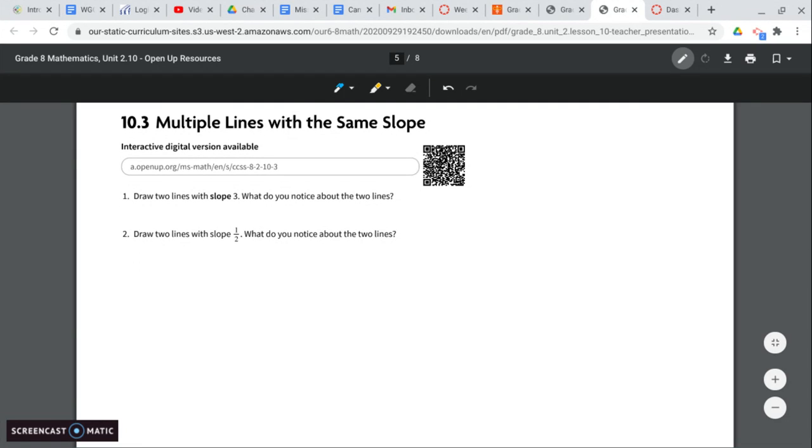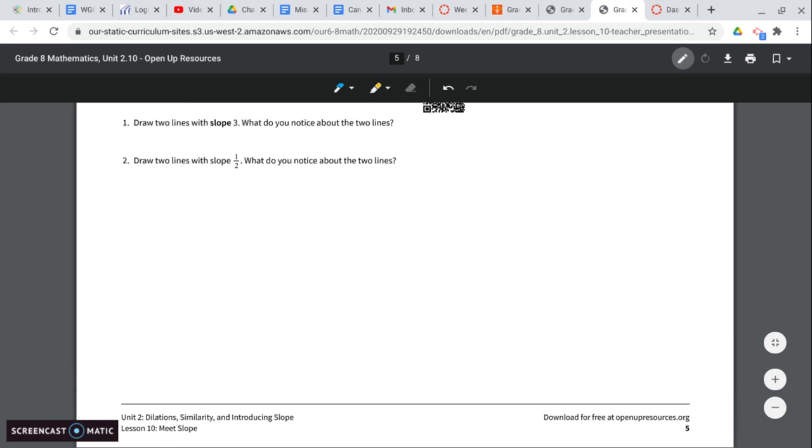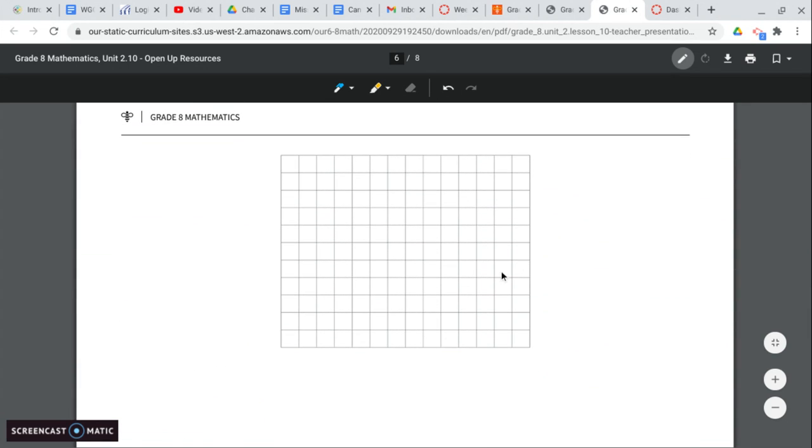For the next thing, we're looking at drawing 2 lines with a slope of 3. What do we notice about the 2 lines? Then we're going to draw 2 lines with a slope of 1/2. So here we have our graph. You can use the slope triangles by all means to help you with this. So we want a slope of 3, which means we need a vertical height of 1, 2, 3, and a horizontal height of 1.